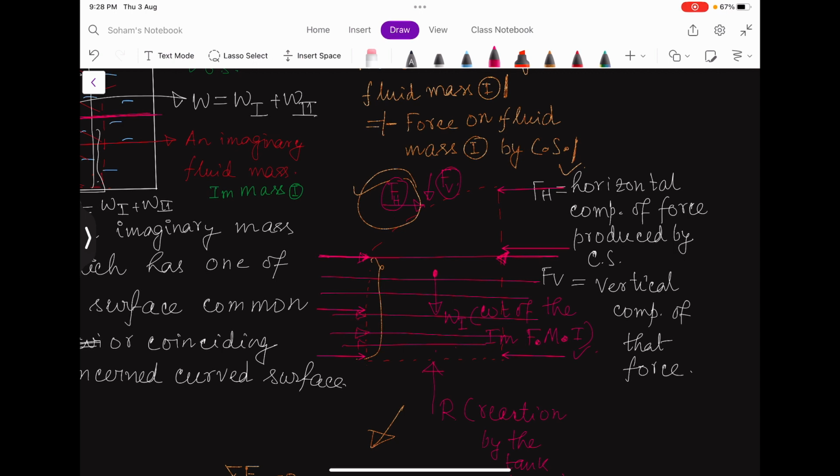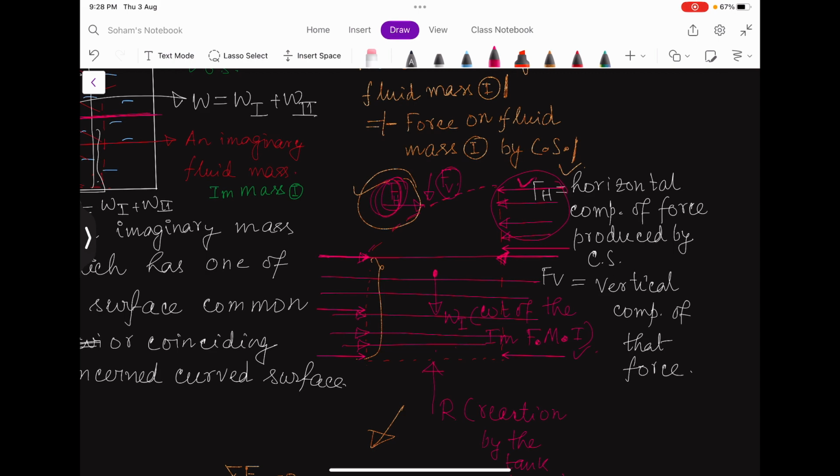Now only this part has an effective force, because I don't have any equal pressure force like this. On this surface, the only force I have is due to the curved surface, and that is Fh.